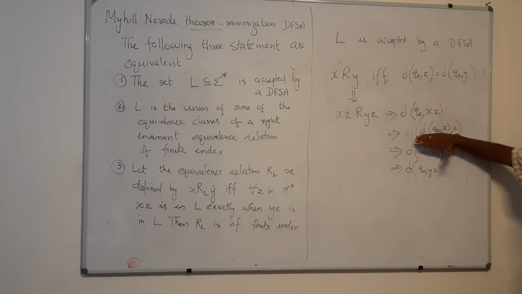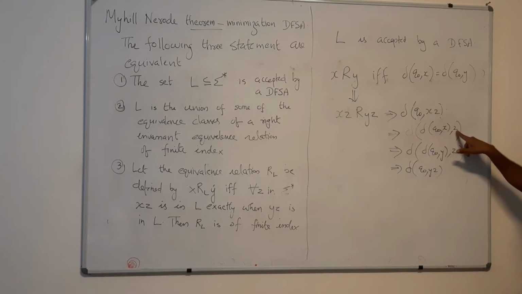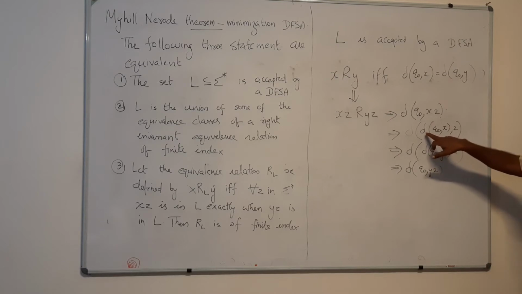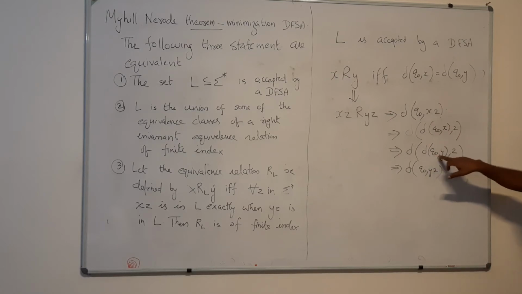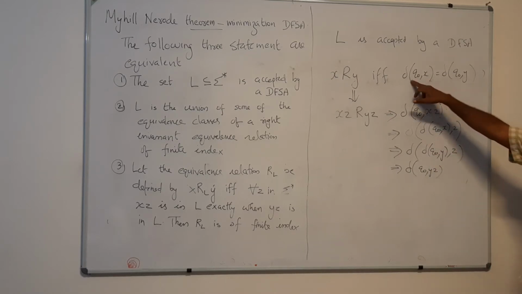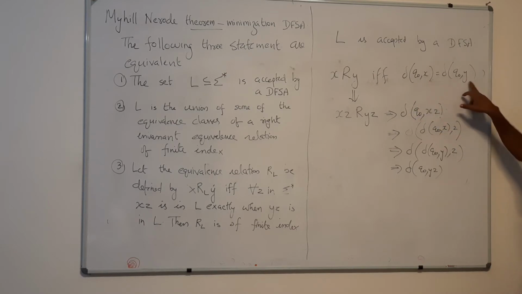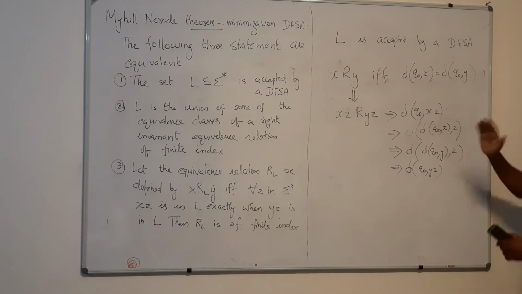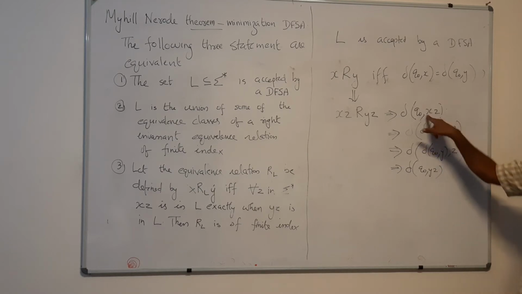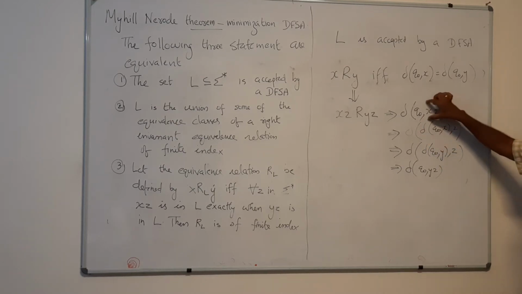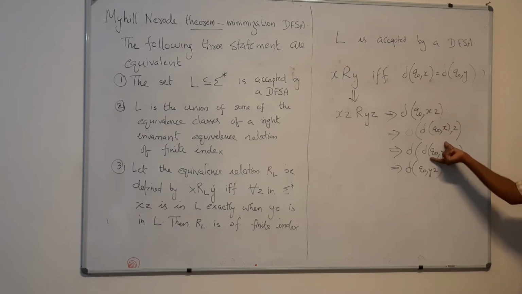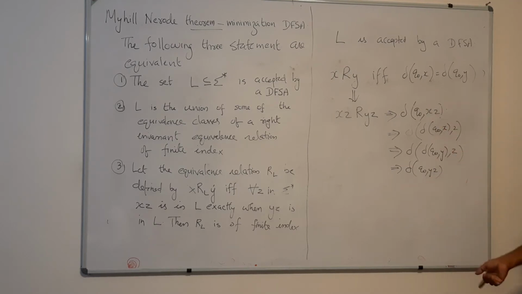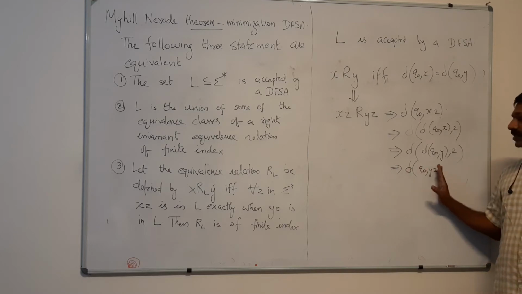That means delta of q0 x is some state, and from that state it is processing z and reaches some other state. Now we have delta of q0 x is equal to delta of q0 y, and on processing z, from this you can reduce this. Likewise, from this we are reducing this. That means delta of q0 yz.